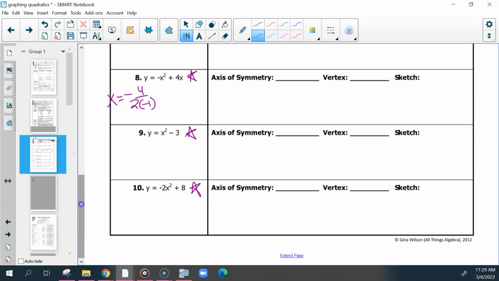X equals 2. And then we can put in that x value to find our vertex. So y equals negative 2 squared plus 4 times 2. And what would that y value be?